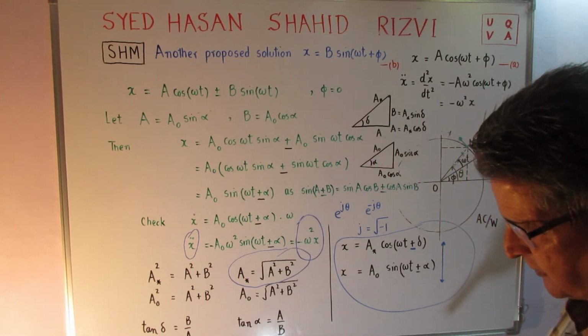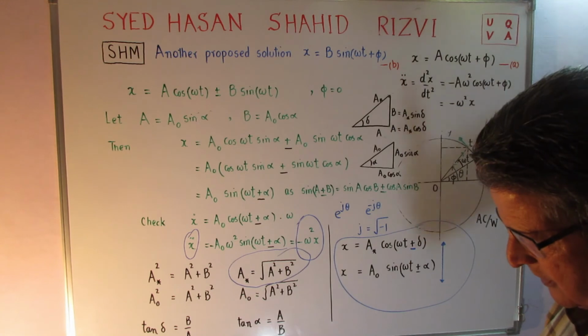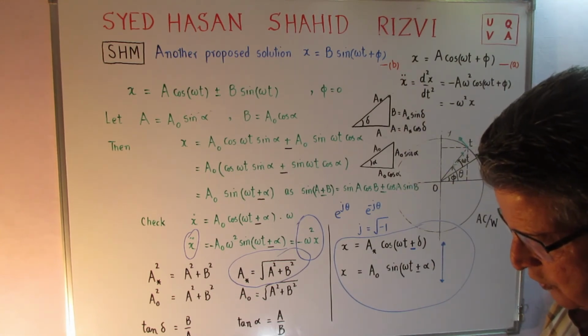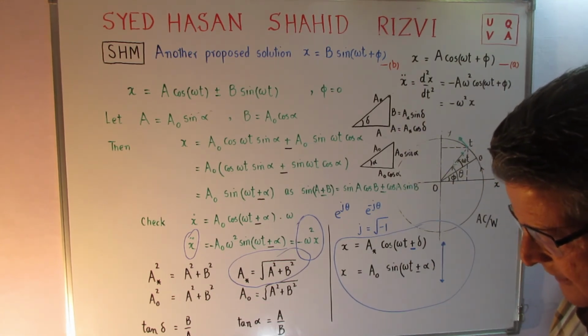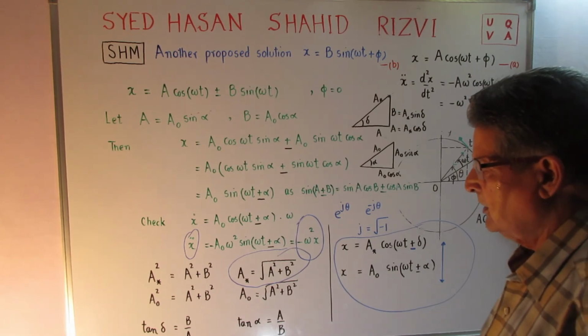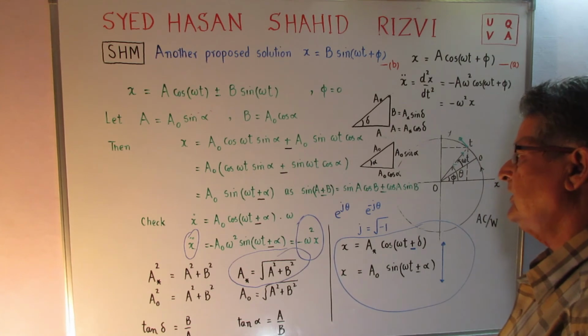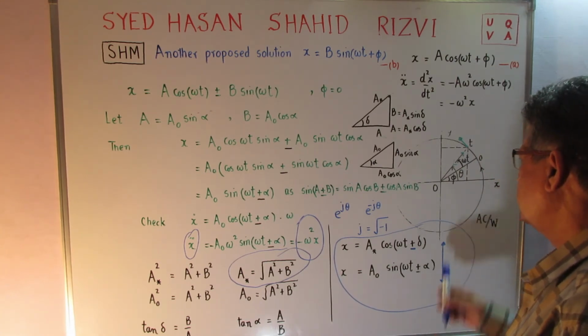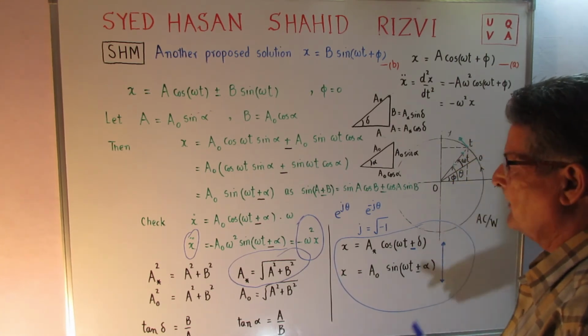So look at the reference circle, look at theta is proportional to t, and if we differentiate that and then integrate, we'll get theta equal to omega t plus phi.